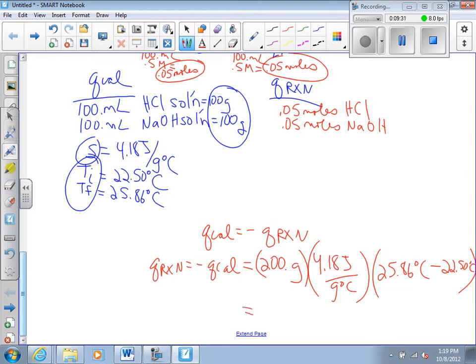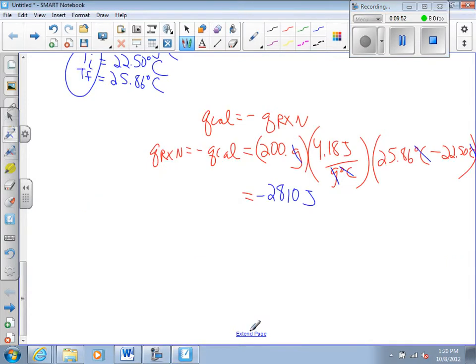And now I just check my units and plug this into the calculator. Grams cancel. The Celsius will cancel. I will end up with joules. And what do we get? Okay, so hopefully you're getting negative 2810 joules, give or take a little bit. Sig figs. We should keep 3 sig figs here.